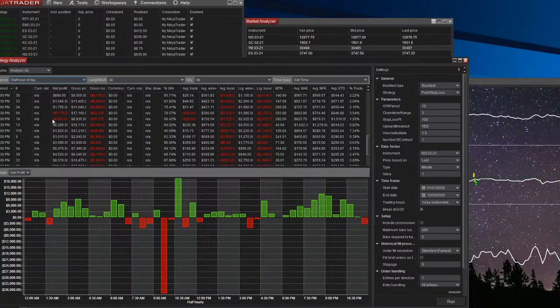Half an hour. Look at that 9:30. That is really, really gross. So this tells me that I should not be running my algorithm on NQ at 9:30. Do you know why that is? Does anybody know why I would say that? Besides seeing this big red bar here.